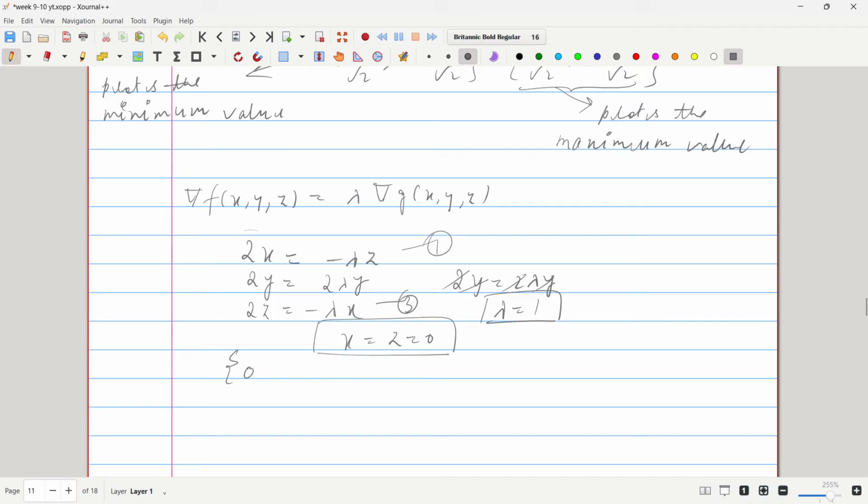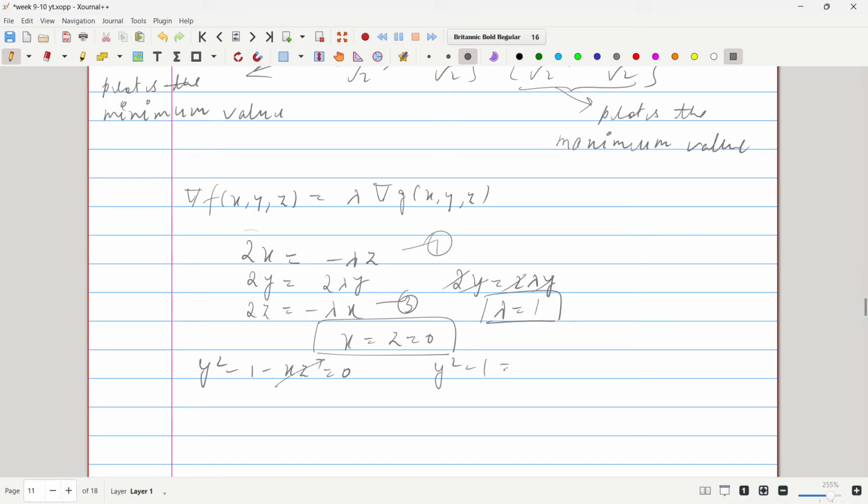So now your points are 0, 1, 0, right? So from here you get x is equal to z is equal to 0. And when you put this in, see, the constraint was y square minus 1 minus xz is equal to 0. Right? If x and z both are 0, this will be cancelled out.